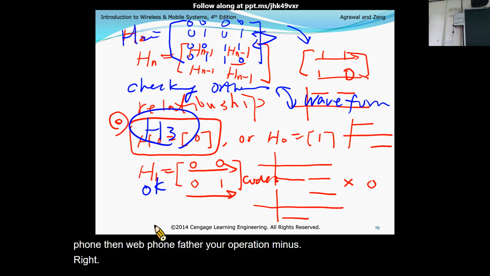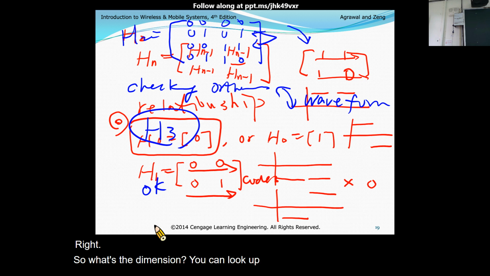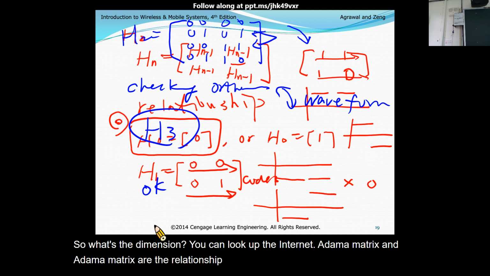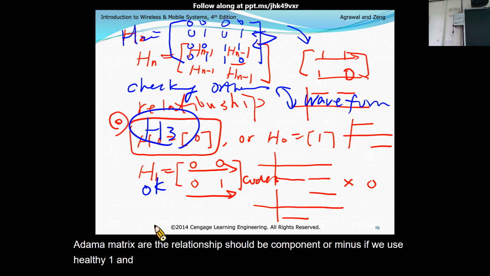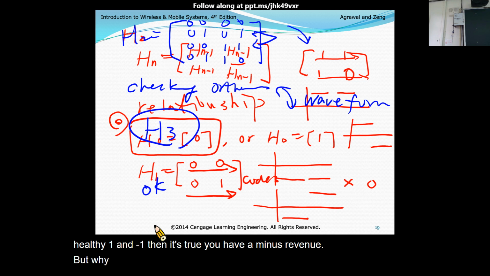You can look up the Hadamard matrix on the internet. In the Hadamard matrix, the relationship should be complement or minus. If we use positive 1 and minus 1, then it's a minus directly. But right now I use binary 0 and 1, so I use the concept of a complement.